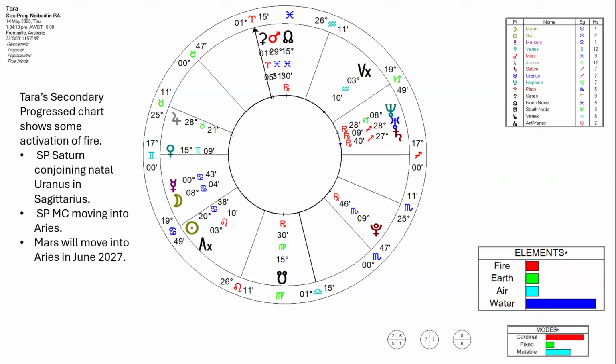And that's happened just recently. I looked at her progress chart and I thought, God, that's really happening. Well, don't overlook the cross Neptune, progress Mars, progress Mercury moving into Aries conjunct Ceres.